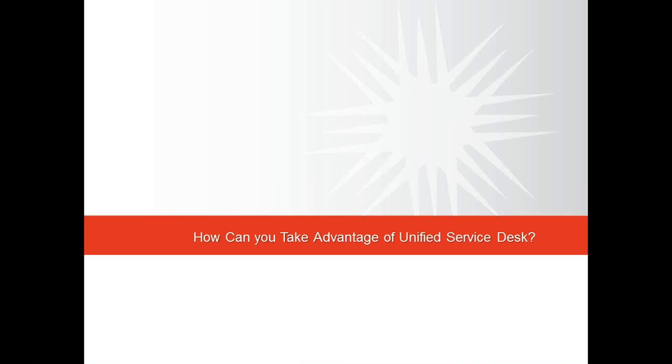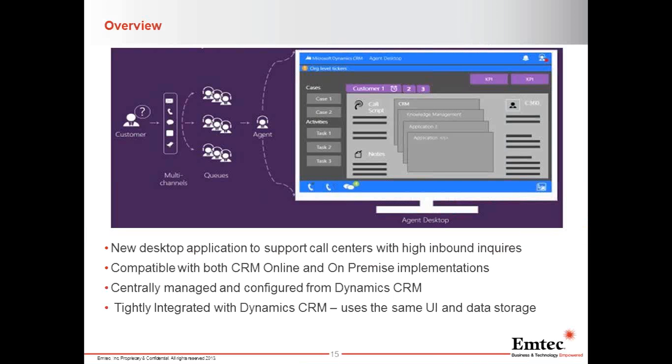Let's go back to the slideshow here and talk a little bit about how you can take advantage of this. First of all, a little overview slide here too. This allows multiple channel support, by mail, phone, chat, etc. And again, all driven by the agent desktop here, which is the key component of the USD.